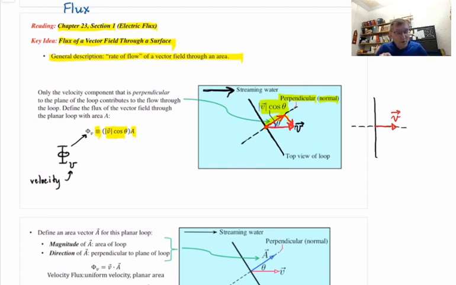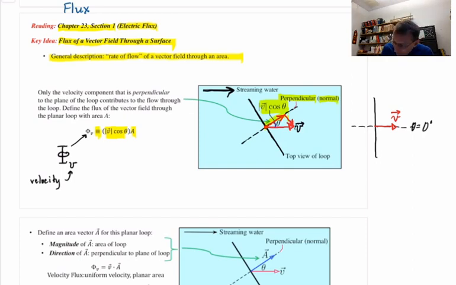Okay? Then you're holding the loop exactly so that all the water velocity is going straight through. And that's got to give you the biggest flux. And that, of course, corresponds to theta equals 0. And in the cosine theta, that's the biggest cosine can be, it's 1.